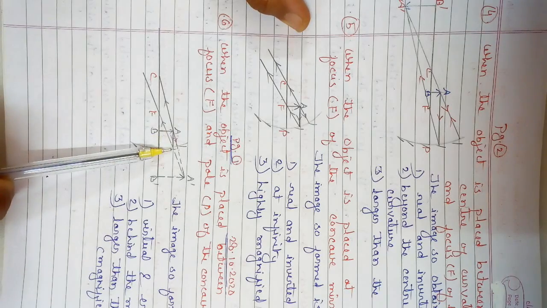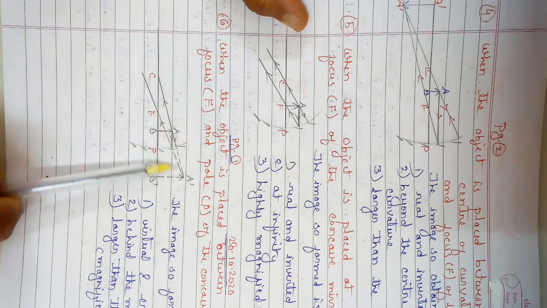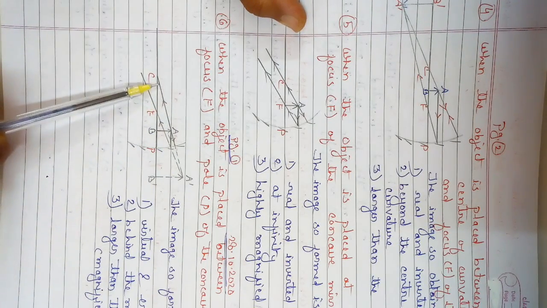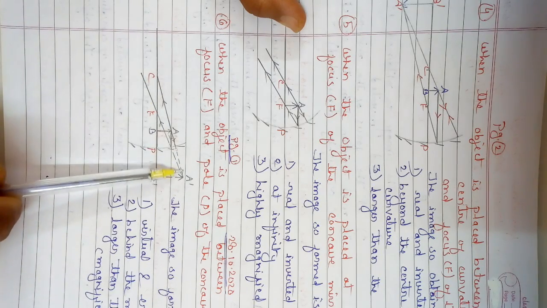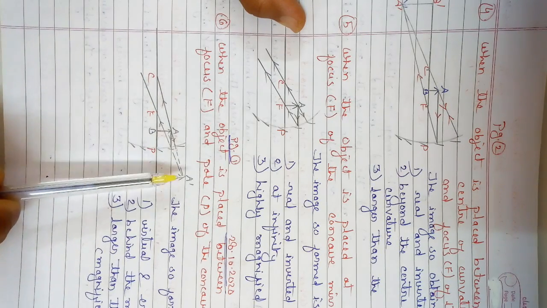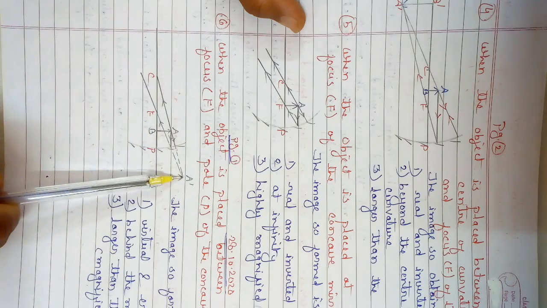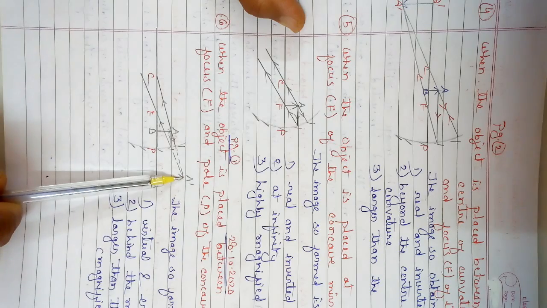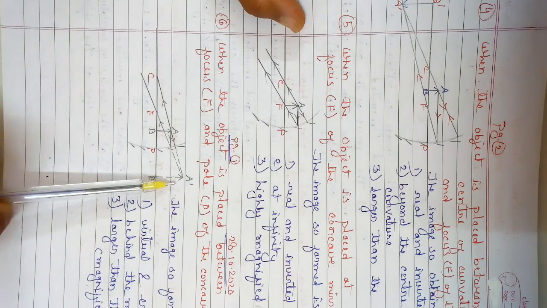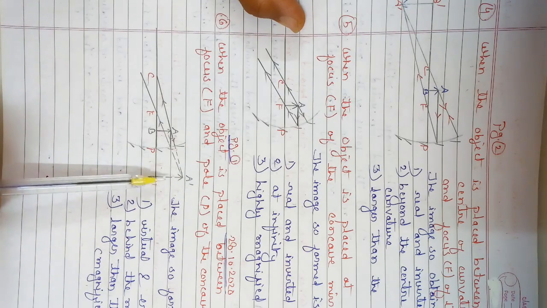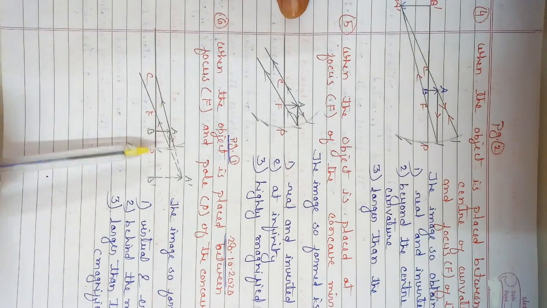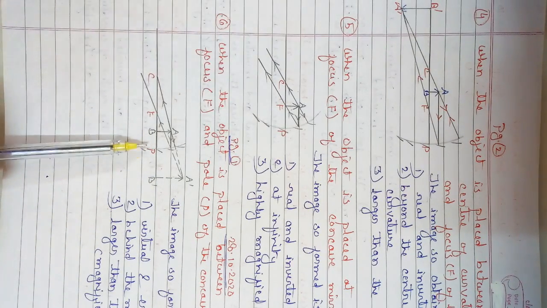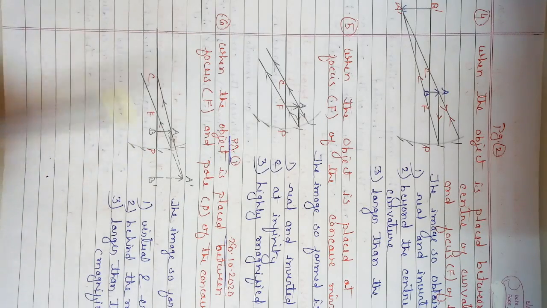The ray which is parallel to the principal axis is passing through the principal focus of the concave mirror, and the ray which is passing through the center of curvature will appear to come from this point. That means these two rays appear to intersect behind the mirror, and this is how we get an enlarged, virtual and erect image of the object behind the mirror. This property of a concave mirror is used in shaving mirrors also.